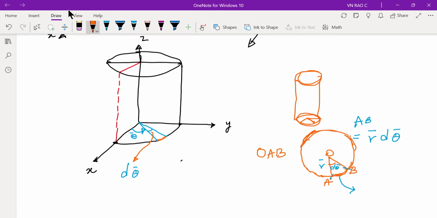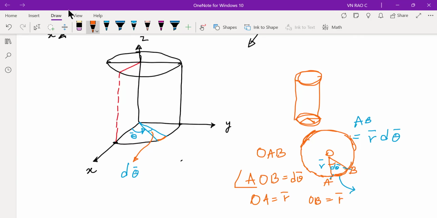So ultimately, AOB becomes a sector of a circle. Generally, I write it as angle AOB, where OA is equal to radius, OB is equal to radius, and angle AOB gives us d theta bar.